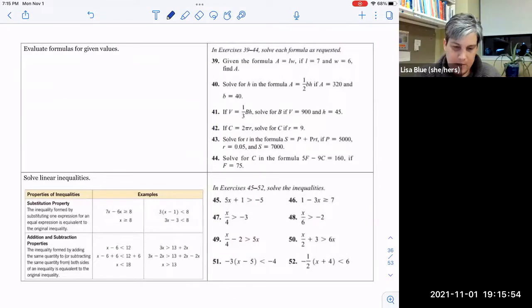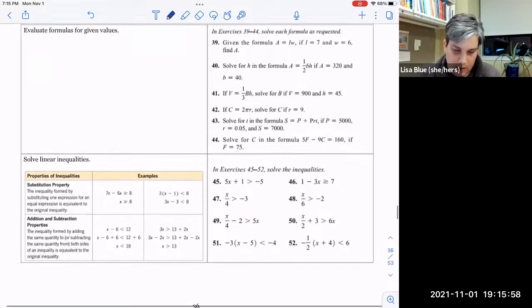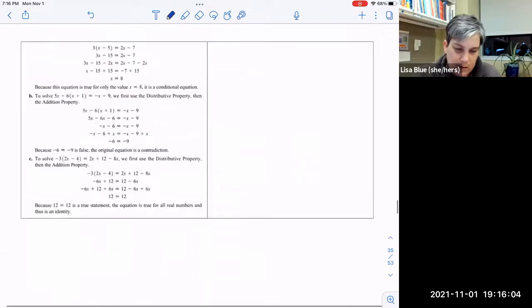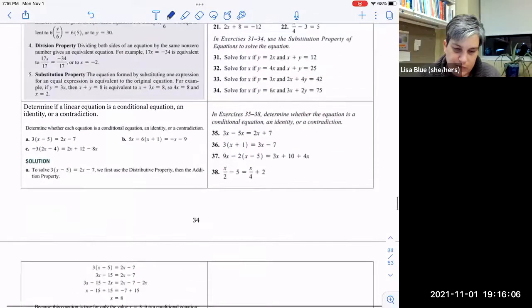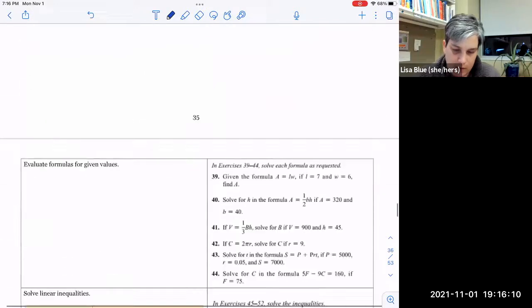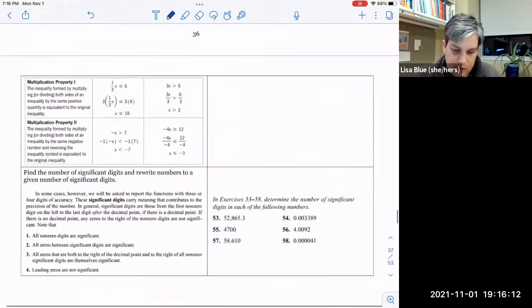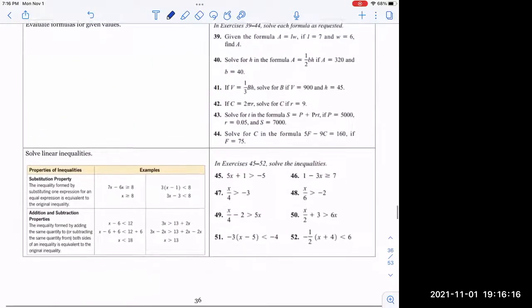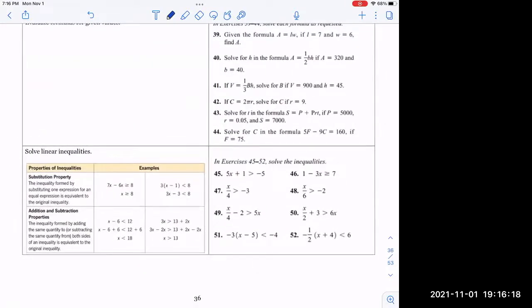Yeah, I spent a lot of time on chapter 2. On page 36, students did not like... or wait, was it 36? There's a section where you're solving literal equations. On 36, 45 through 52, is that it?